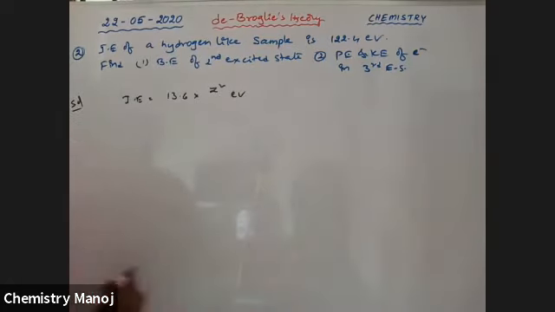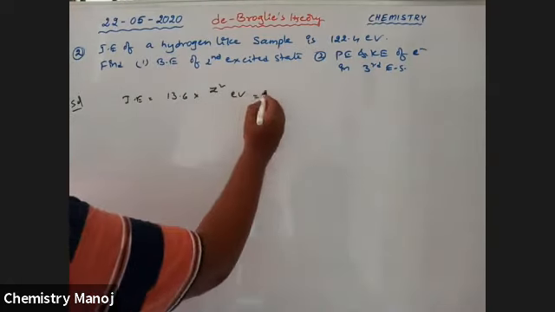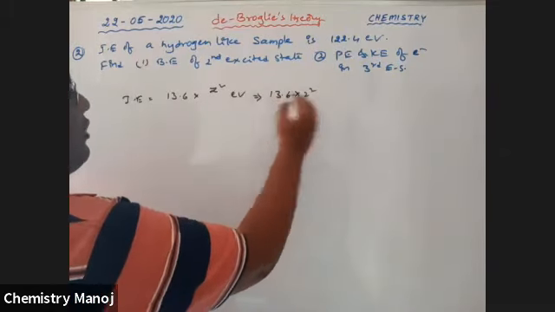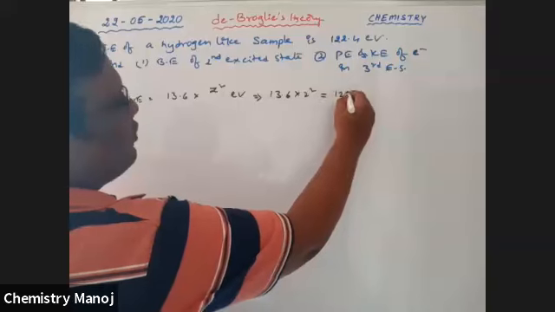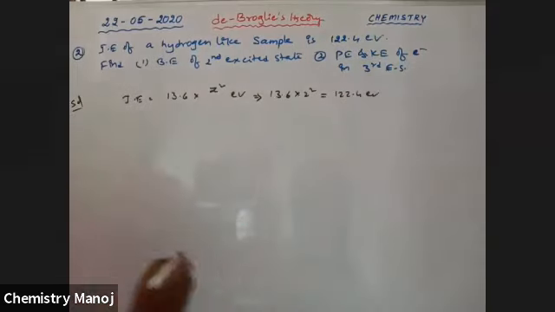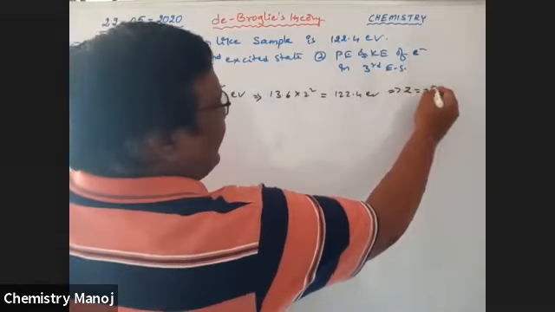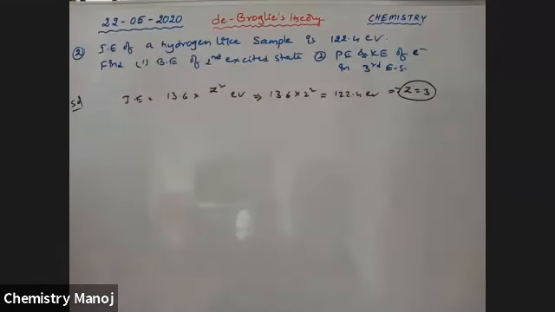13.6 into Z square is equal to 122.4 electron volts. That implies Z is equal to 3, so the atomic number Z is equal to 3.